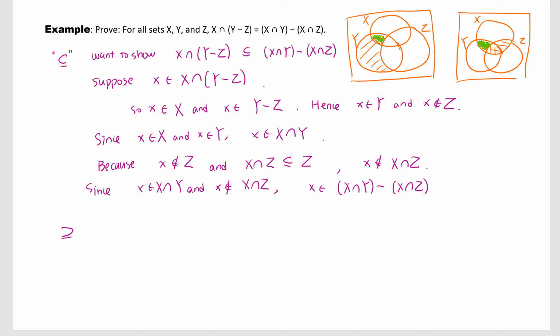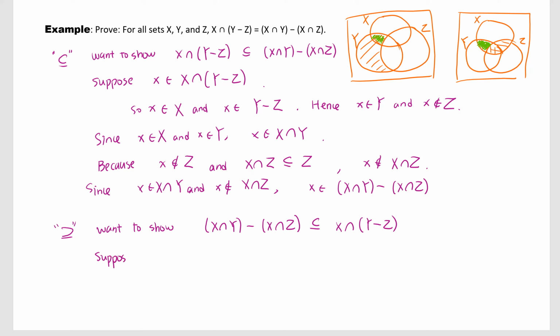Next direction, we want to prove the right-hand side is a subset of the left-hand side. So we want to show that (X ∩ Y) − (X ∩ Z) is a subset of X ∩ (Y − Z).